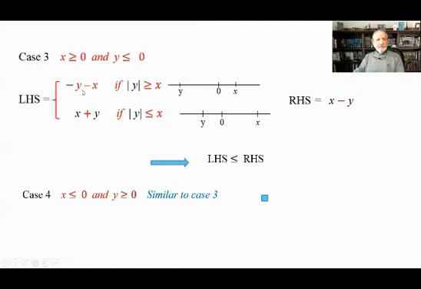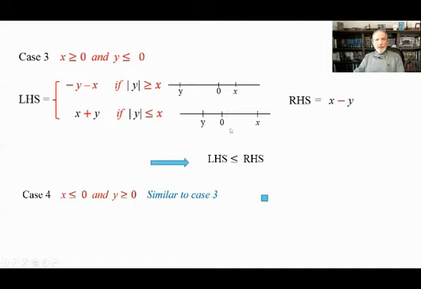So this left-hand side, okay, you have another two possibilities here. Either the absolute value of y is greater than or equal to x, like in this case here, the absolute value of y from here to here is greater than this, or the absolute value of y is smaller than x.